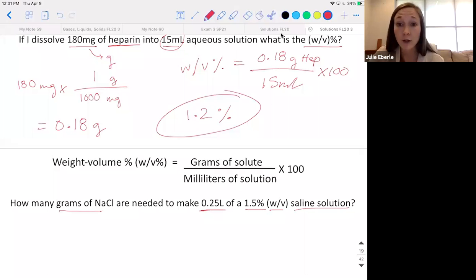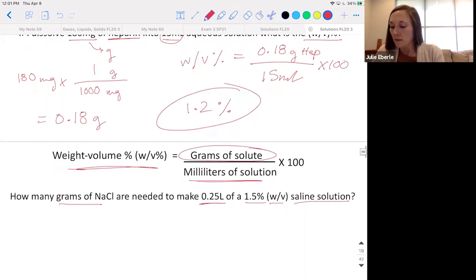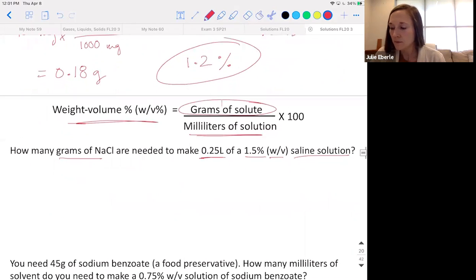So here you're given the percent and you're given the volume, although it's not in milliliters, and you're solving for the grams. So you need to rearrange your equation. Don't forget the 100. I'm going to launch the poll question where I want you to put in your answer. So I want you to wrestle with this for a minute and then we're going to work it.